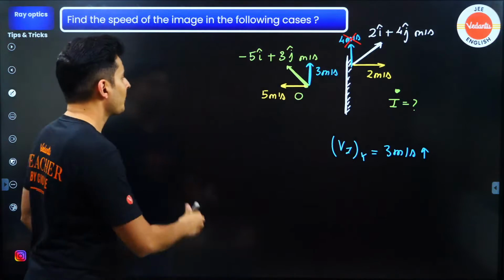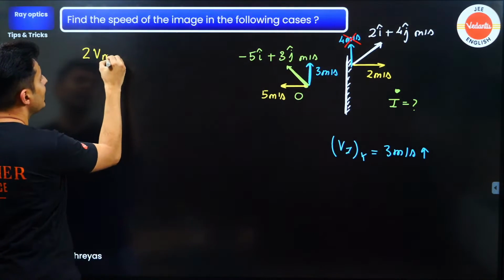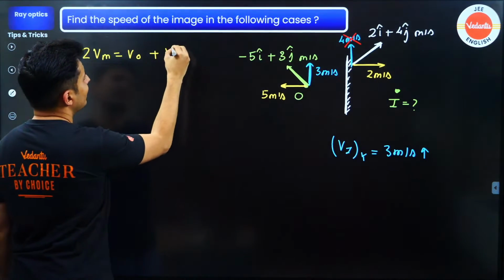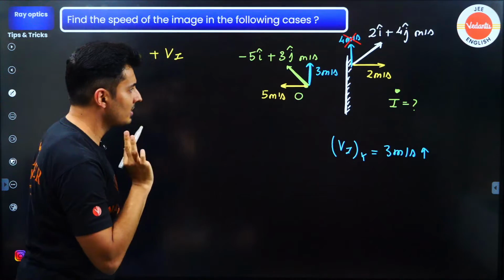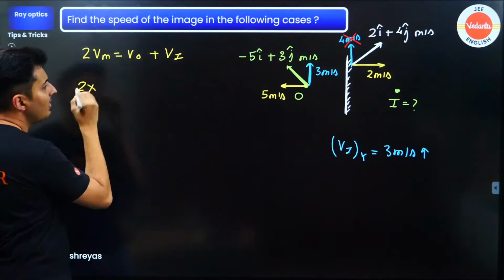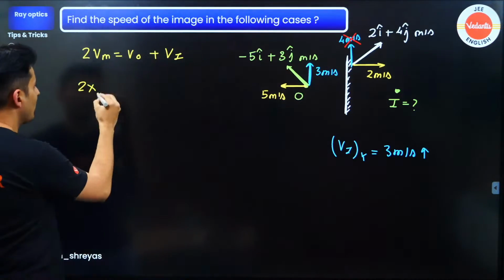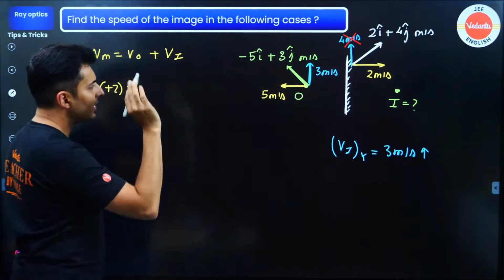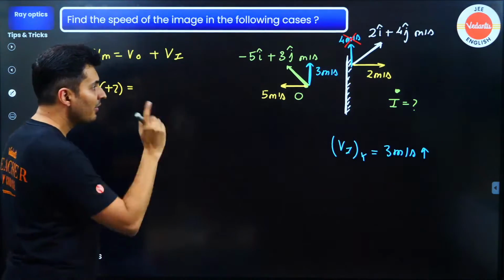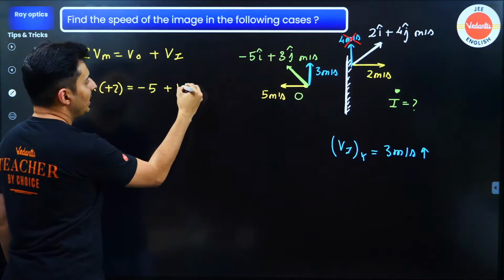So over here, I will again use 2 Vm is equal to Vo plus Vi, correct? Now, what is the velocity of the mirror? It is on the right side, plus 2. So I put plus 2 over here. What is the velocity of the object? It is 5, but with a negative sign, plus Vi.